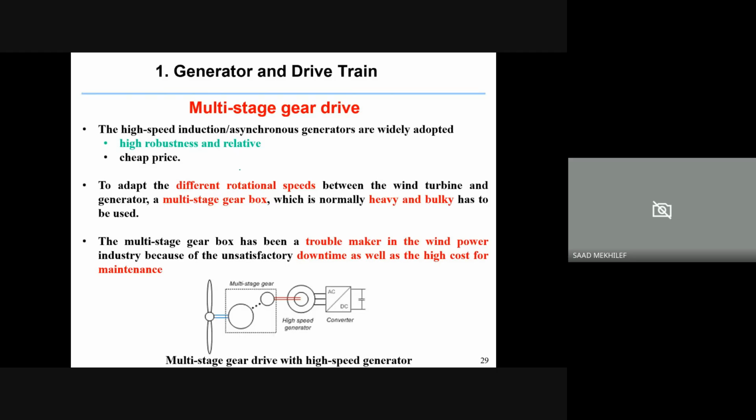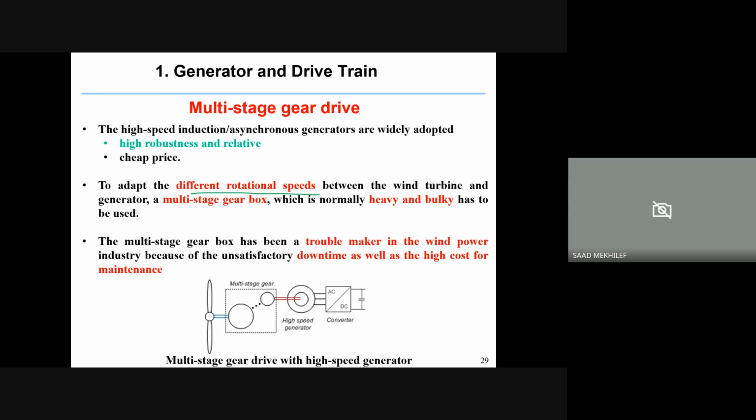The future will move further to multi-stage gears rather than single stage. They have very high robustness and are also cheaper in price, and they adapt to different rotational speeds, because the wind speed operates at different rotational speeds, and that will help.